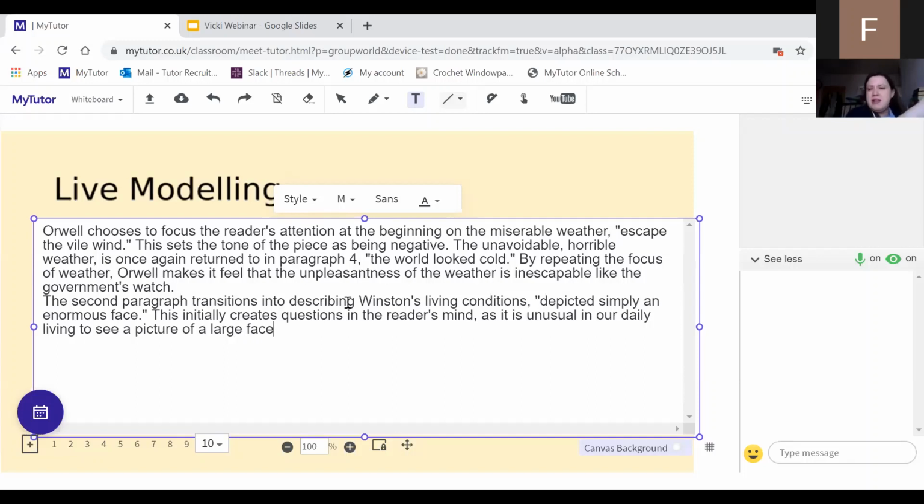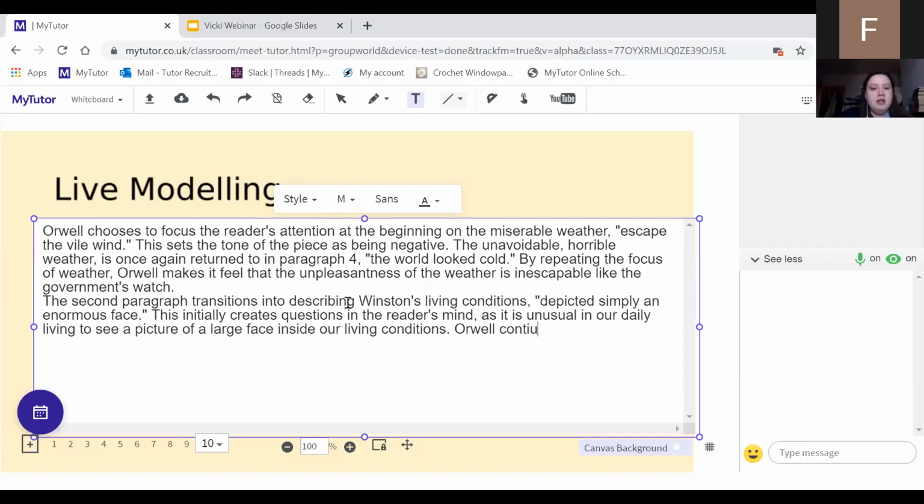I suppose we see it in terms of sort of outside, but we don't see it inside. That's not something we would expect, so make that clear. So inside our living conditions.